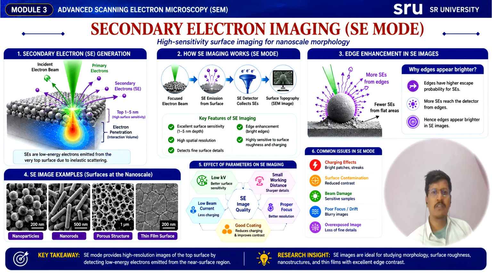These examples demonstrate the versatility of secondary electron imaging in nanomaterials research. Researchers often use secondary electron images to determine the particle shape, particle size, distribution, porosity, and surface roughness.